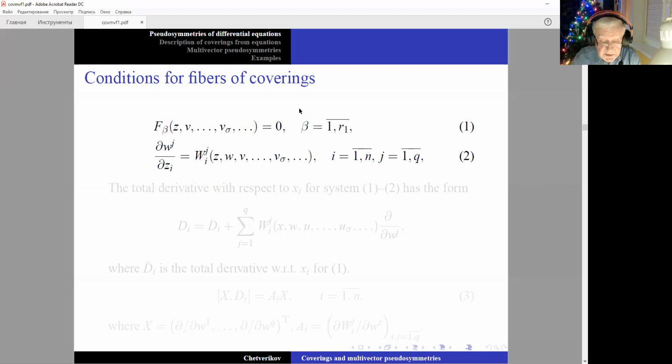Let us find the condition for fibers. Fibers of coverings.